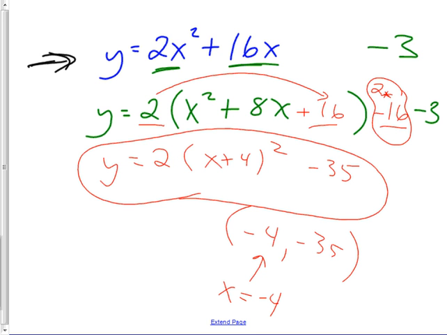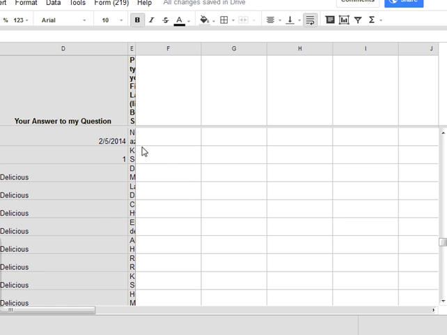All right, I'm going to shut down the names so that nobody can see those, but here will be our list of delicious. D-E-L-I-C-I-O-U-S. Almost everybody got it.